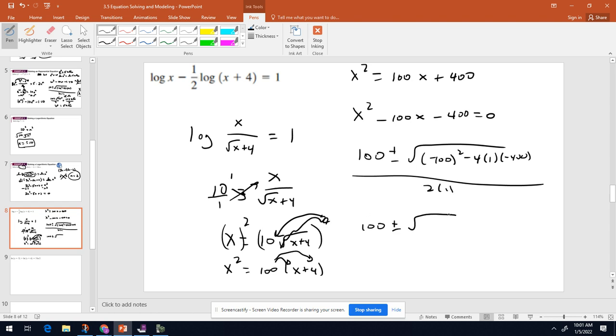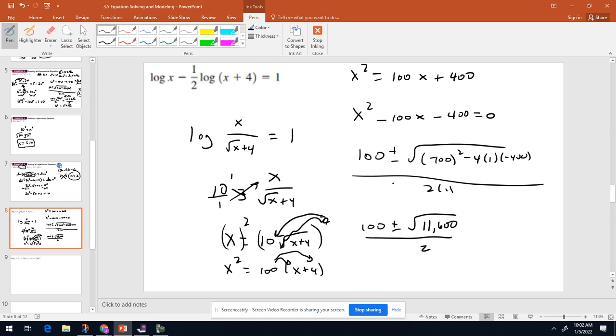I've got to put this into the calculator, so I'm going to type it in there. I'm not going to show it. Negative 100 squared minus 4 times 1 times negative 400 gives me 11,600 all over 2. Okay. So what I'm going to do from here, I'm not going to worry about simplifying this.